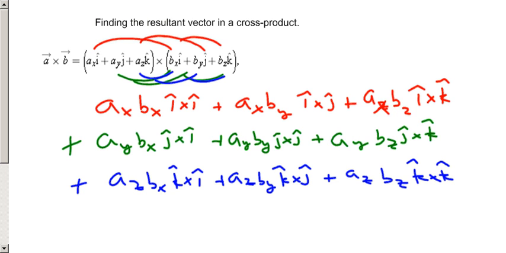Let's go ahead and get rid of the 0. So we know that I cross I is 0, and J cross J is 0, and K cross K is 0. And then let's go term for term here.